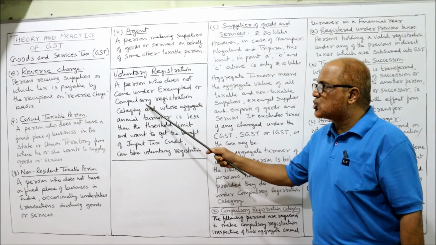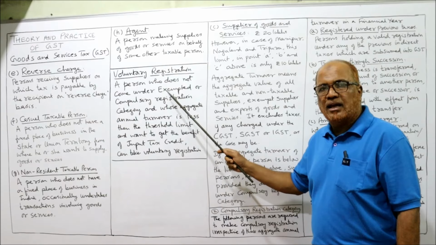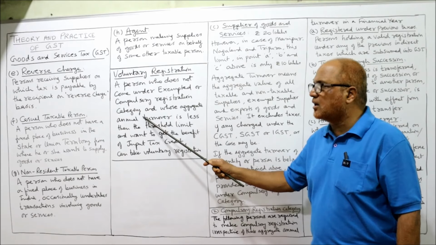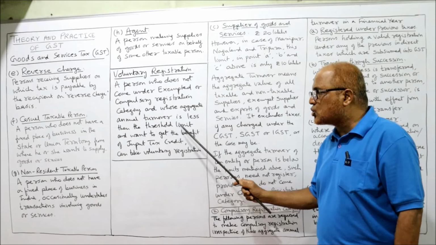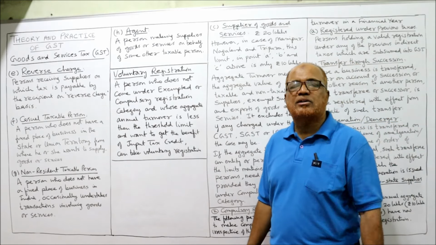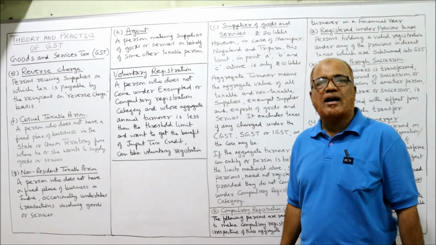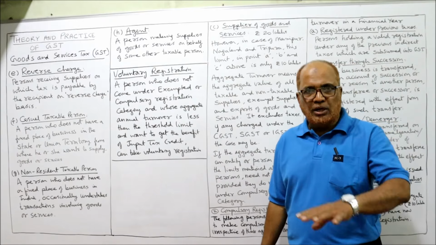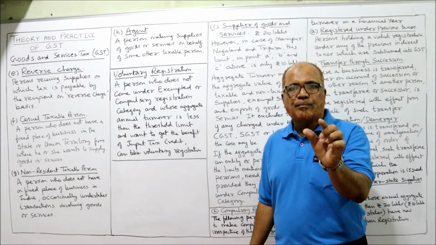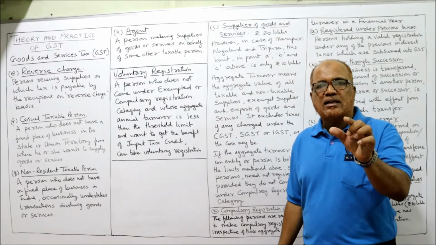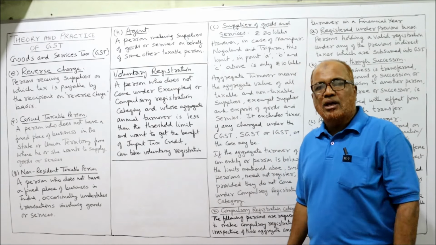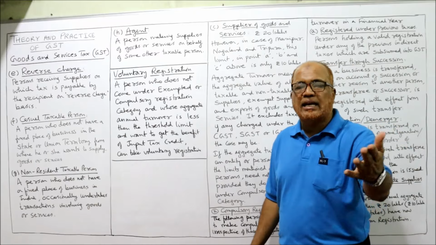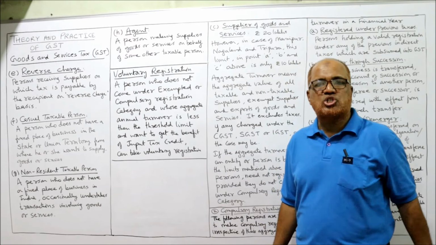So leaving these two, the exempted category and the compulsory registration category, consider those whose aggregate turnover is less than the threshold limit. What is the threshold limit? We have discussed 20 lakh and 10 lakh. In most of the states it is fixed like this. If the aggregate turnover is more than 20 lakh, they have to register compulsorily. If the services are more than 10 lakh, it has to be registered compulsorily.